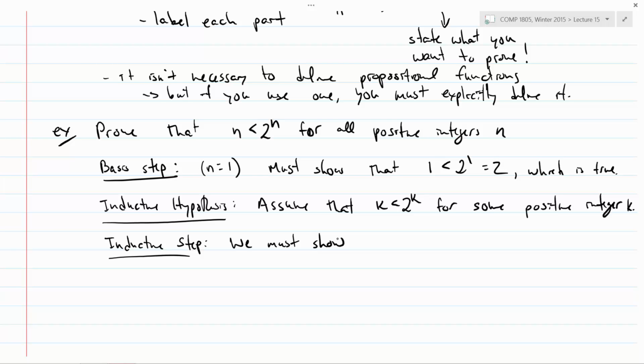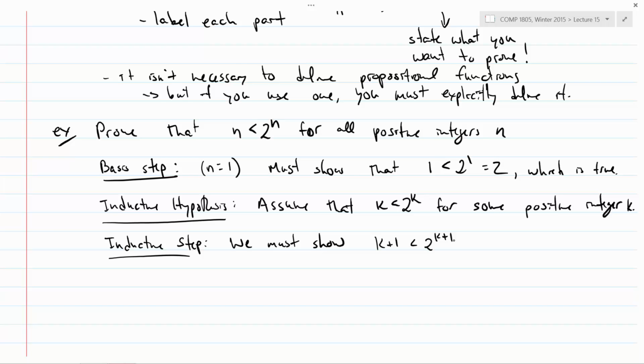So I know that k is less than 2 to the k. I want to show that k plus 1 is less than 2 to the k plus 1. And you always need to be careful subbing in the k plus 1 for k. Watch brackets and exponents and things like that. Those are easy to forget, and then you'll be off.